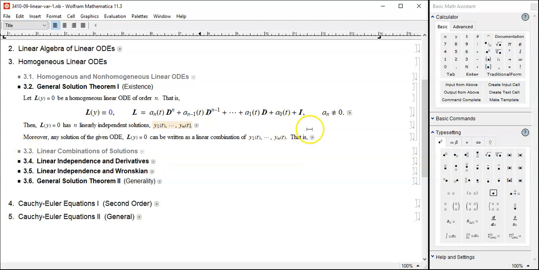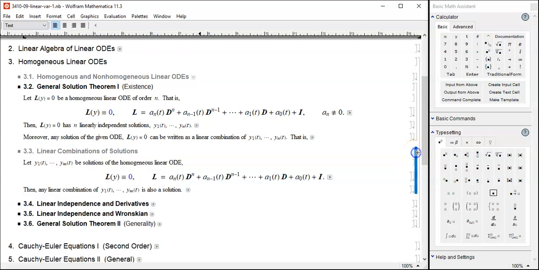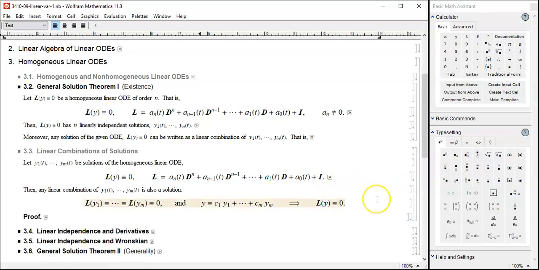Now, how about the second statement here? We are still not ready. Instead, we went through some of those preparations. Here's something obvious. If you have a set of solutions, then the linear combinations of any solutions is also a solution, like this. And this is just a trivial observation.